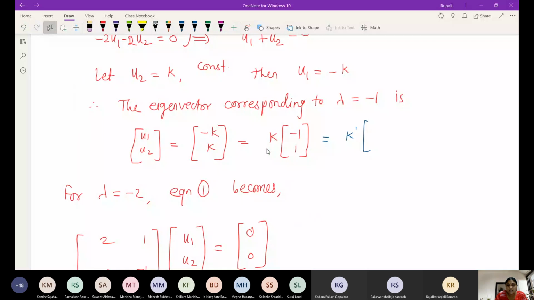Whether I write 1, minus 1 or minus 1, 1, no problem. K dash is minus K. I can write that. Is that okay? Yes, ma'am.